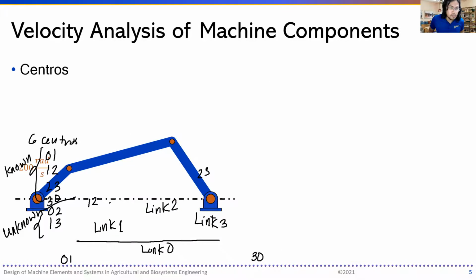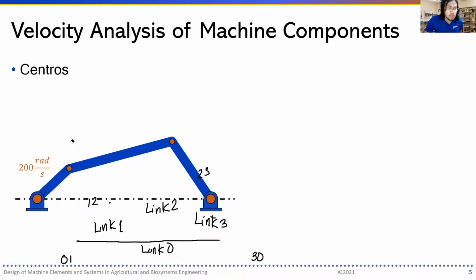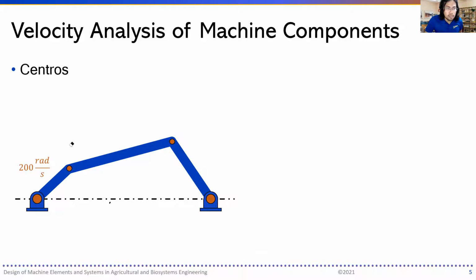Now let's try to solve if, for example, there is a known value for the rotation of this. You have a known value for your rotation.